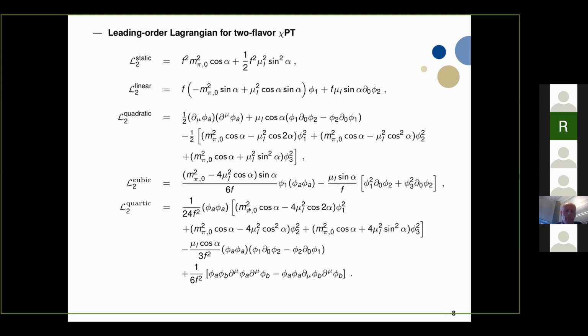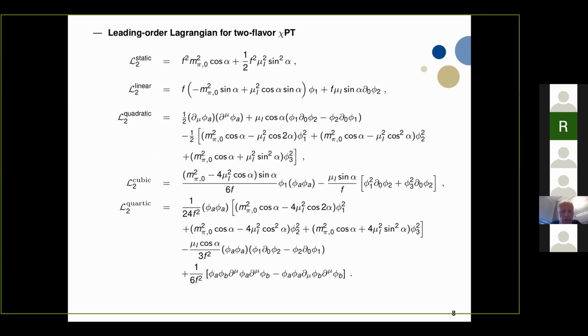So then you can turn the crank and expand your Lagrangian, a bunch of terms. They're not all very interesting for our purposes right now. I'll just point out a couple of things. You can see that most of the terms depend upon the angle alpha. And we are just going to go to quadratic order, and you can read off the effective masses in front of the quadratic terms.